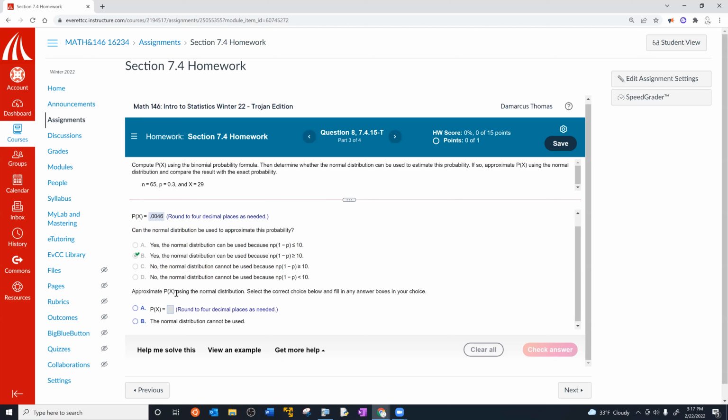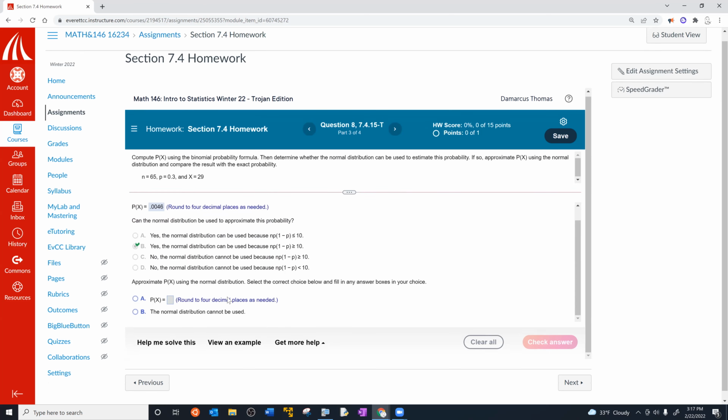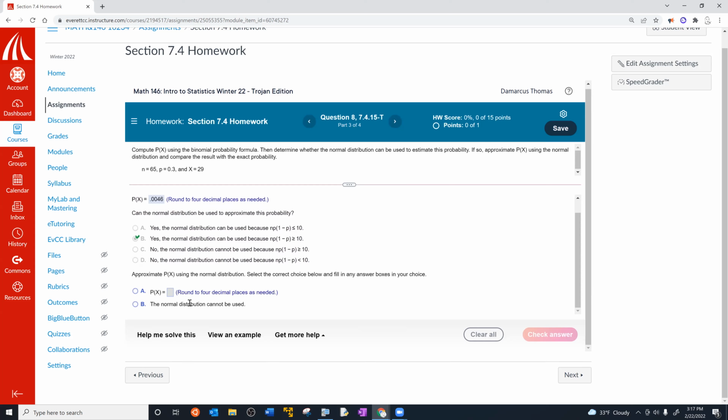Approximate P(x) using the normal distribution. Okay. This part of the lesson actually should be canceled out. But maybe we can try to do it anyway.